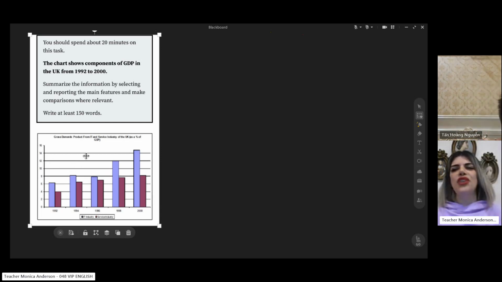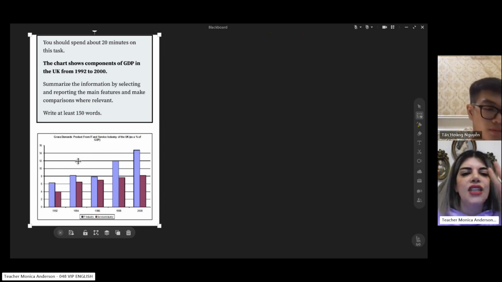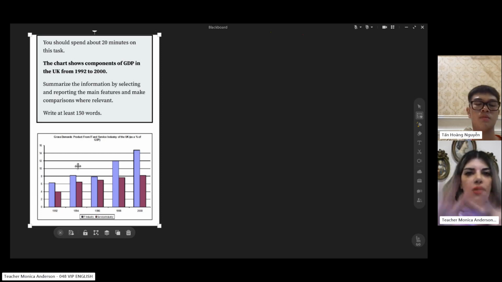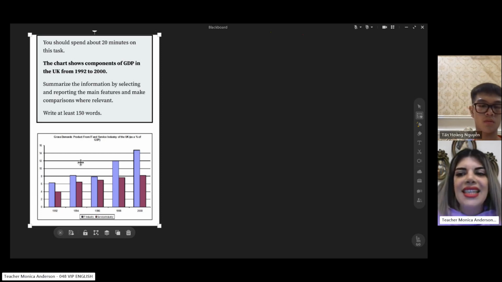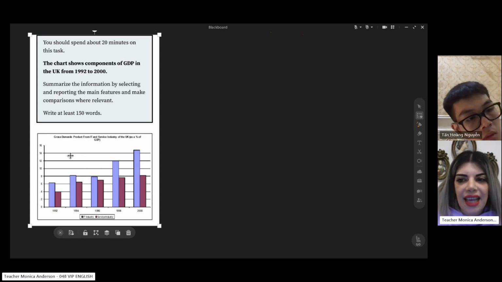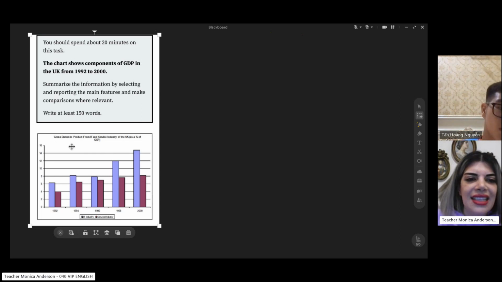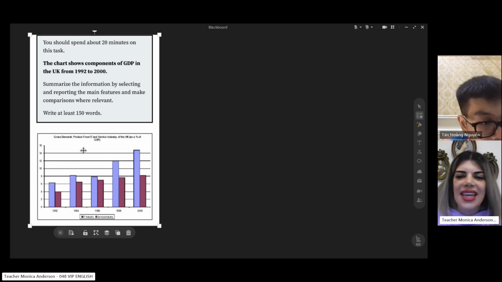Let's mention that over the next 4 years, the levels became more similar, with both components standing between 6 and just over 8. As you can see, they're the same. They are between 6 and 8%.